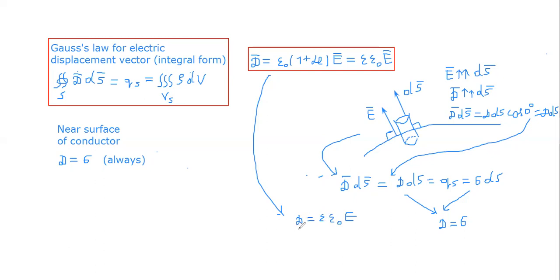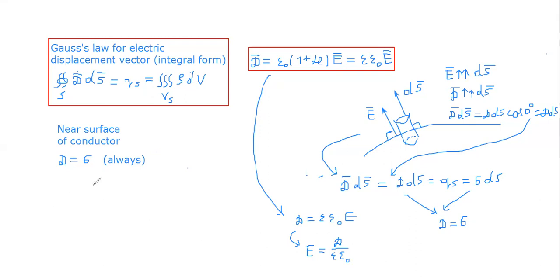And because of this, we have that E is equal to D divided by epsilon 0.